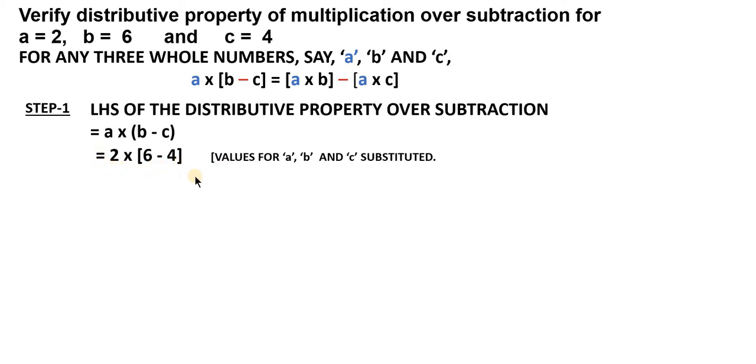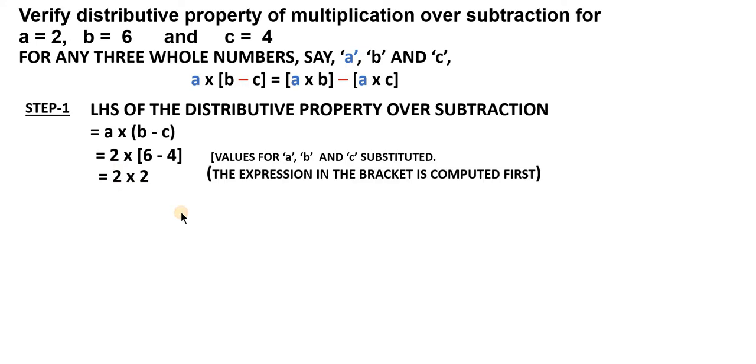This is the specific arithmetic expression for the left hand side. We will apply the BODMAS rule to find the value of the expression within the brackets, which is 6 minus 4 equals 2. In the next step, 2 into 2 is equal to 4. We have got the left hand side of the expression as 4.